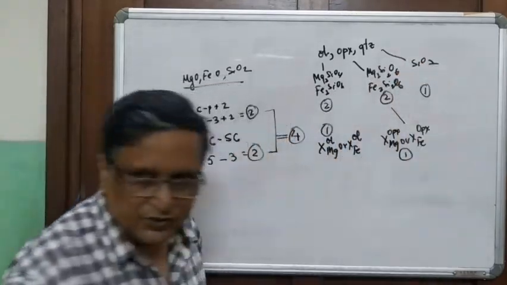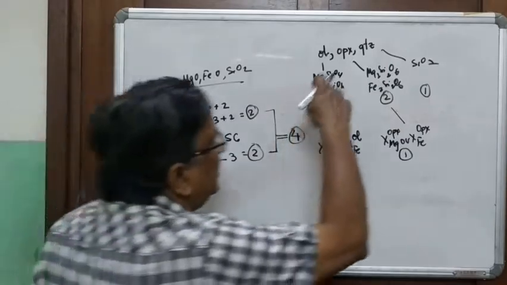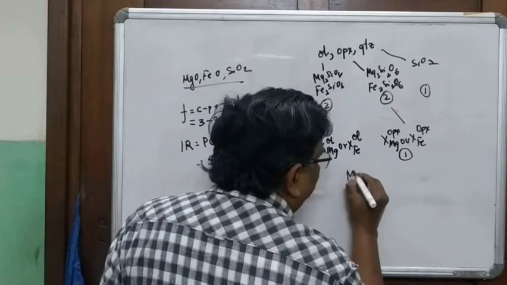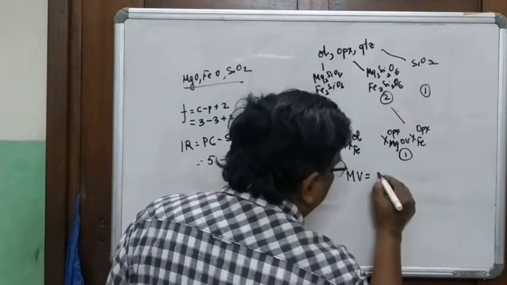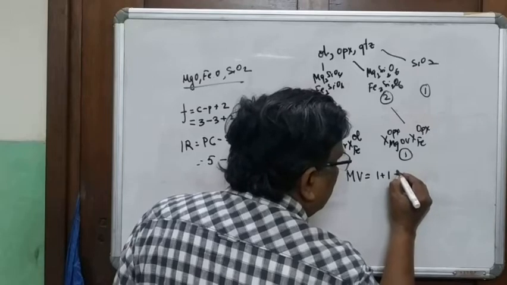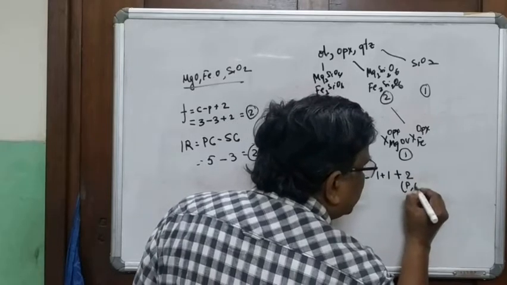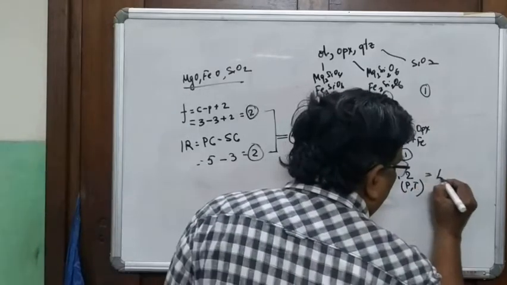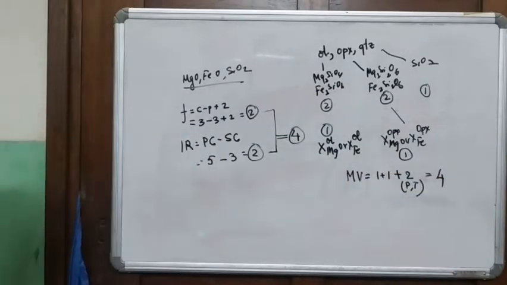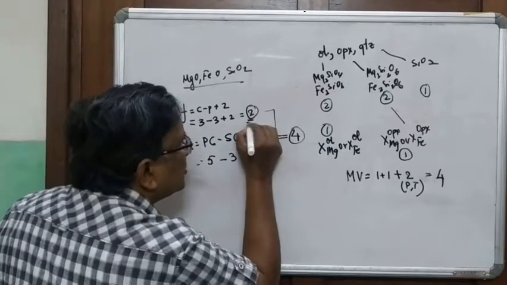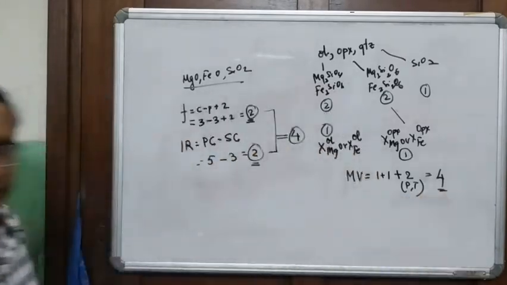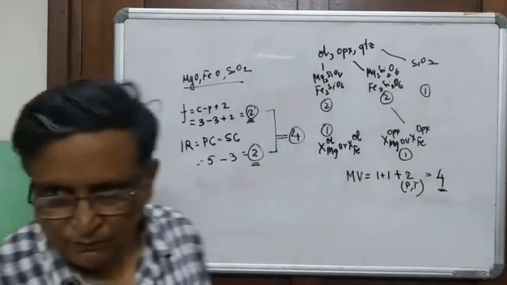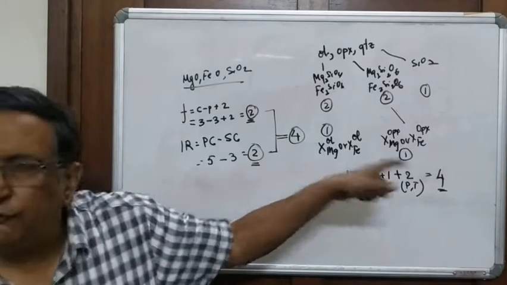Quartz, XSiO2 is 1, it's not a variable. So how many variables do you have? 1 plus 1 plus 2 for pressure and temperature, so the number of metamorphic variables is 4. This is exactly the case because 2 plus 2 should be 4, if you can constrain the system.